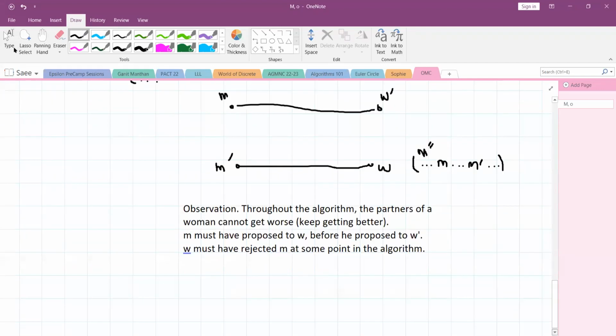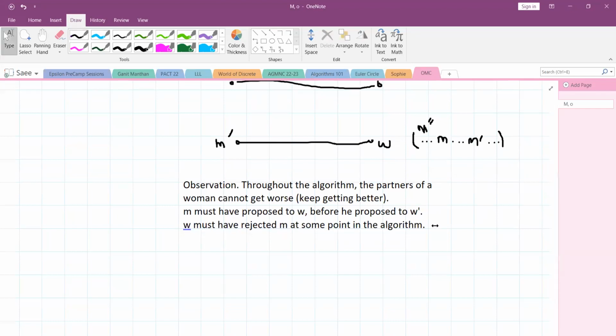Okay, awesome. I like where this is going. So, W must, and then let's say W rejected M because of some M double prime who she likes more than M.